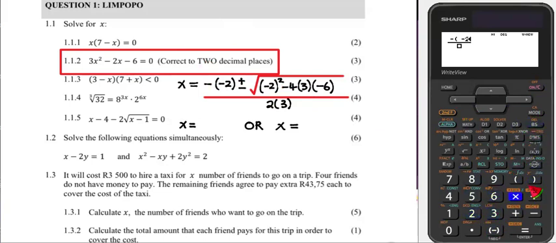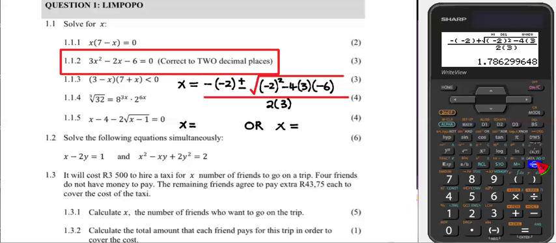So 2, close the parentheses, starting with the plus, then square root, open the bracket, we got negative 2, close the bracket, we square that, minus the 4 into A, which is 3, close the bracket, open the bracket, into negative 6, close the bracket, all over the 2 into the 3, which we know is already 6. And there's the first answer.